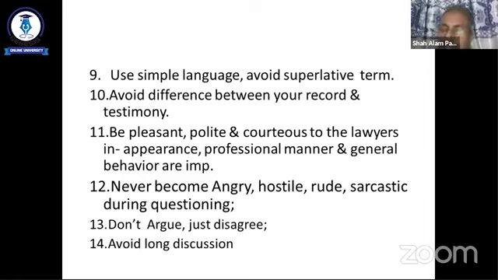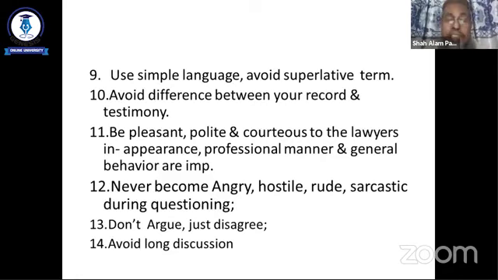But I simply said it is not true. Like this, don't argue, just disagree. Avoid long discussion. These are the features of an ideal witness in the court, an ideal doctor as a witness.